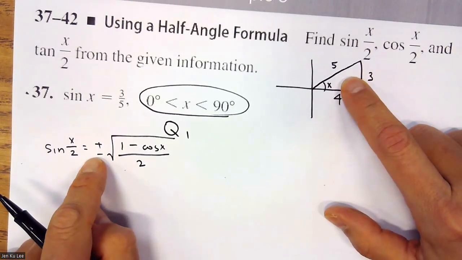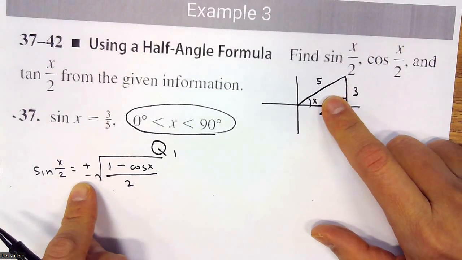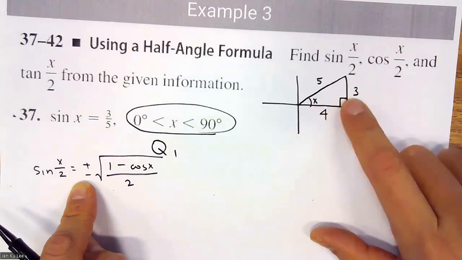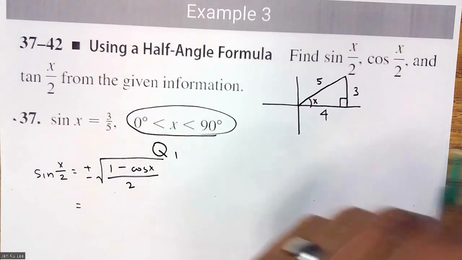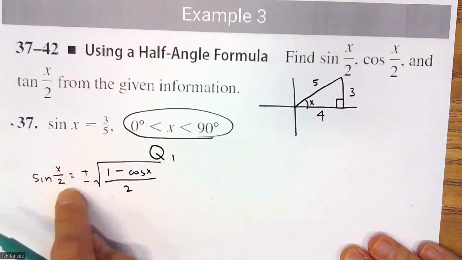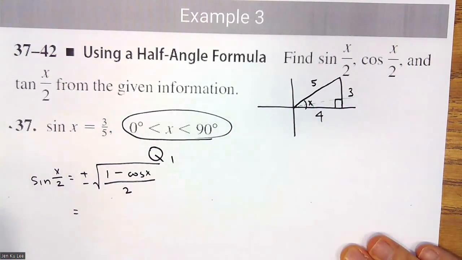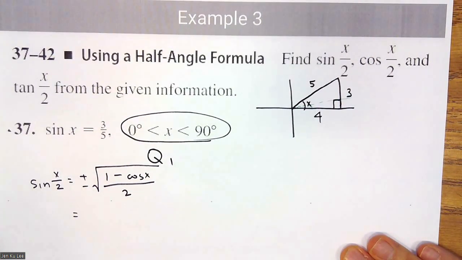This is my x. Plus, right? Even if you half this angle, because I'm getting the half angle of x, it will still be in my first quadrant. Okay?